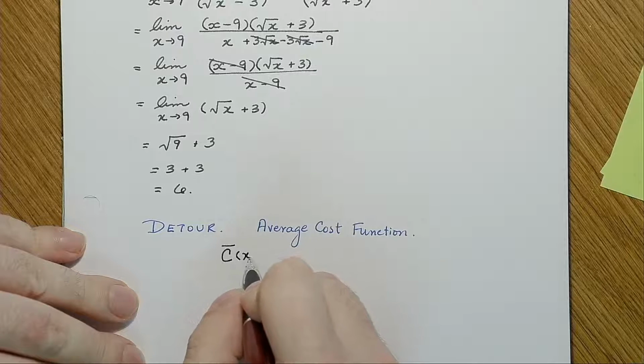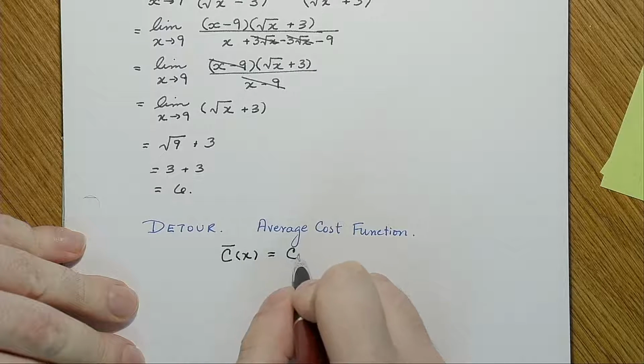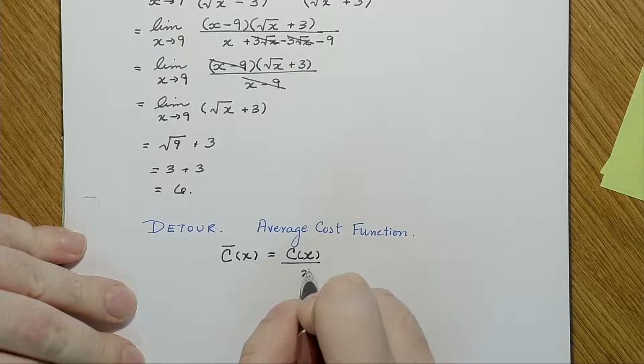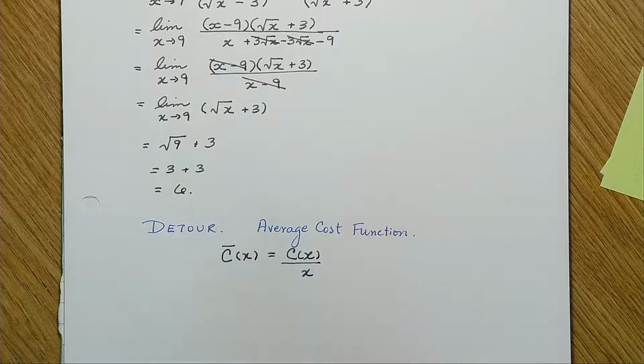So we have c bar is equal to the cost function divided by x. So again, that kind of gives you the cost of each unit.